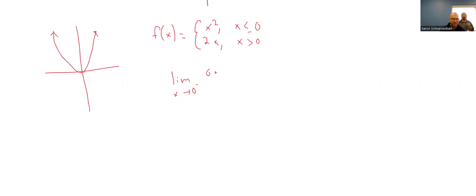I use the upper function, the x squared. 0 plus h squared minus f of 0 is 0 over h, giving me h squared over h, which gives me h, which when I plug it in is 0.